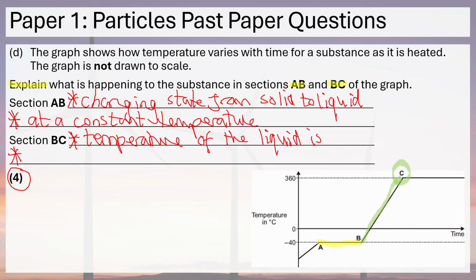Or we can say that the liquid is getting hotter until, and at point C, that's boiling point, until it reaches boiling point. The important thing to say here is boiling point, because BC doesn't sort of finish part way up that slope, it finishes at the point at which the liquid is starting to boil. So most people get the first and the third bullet point, quite a lot forget the second and fourth bullet point.